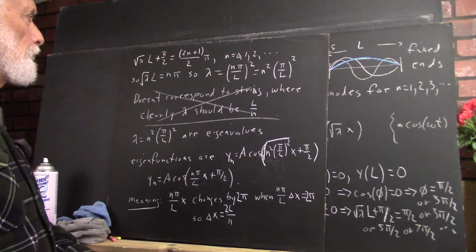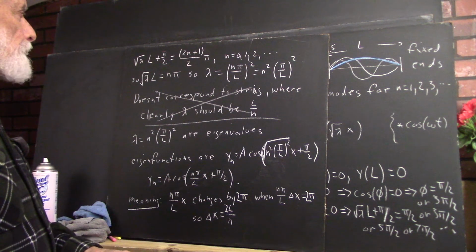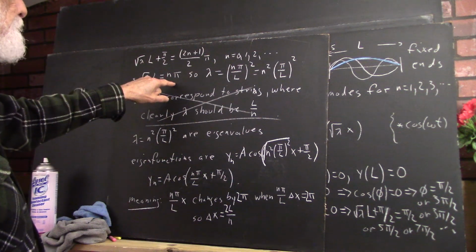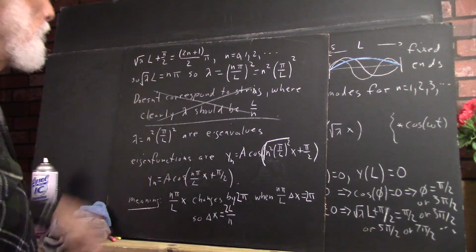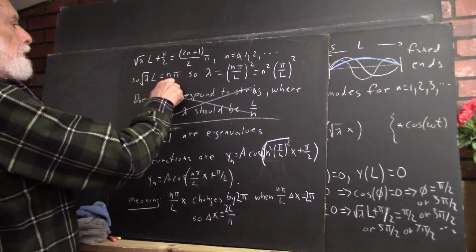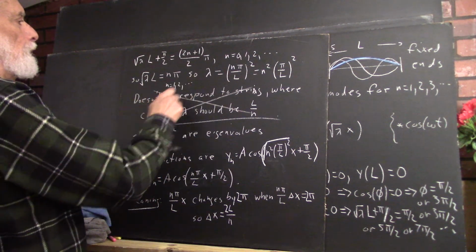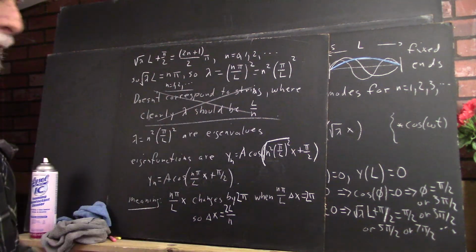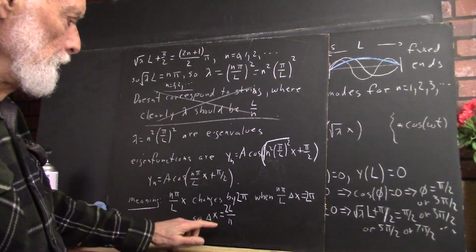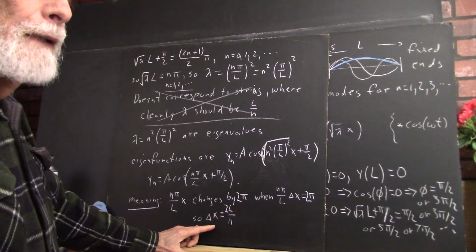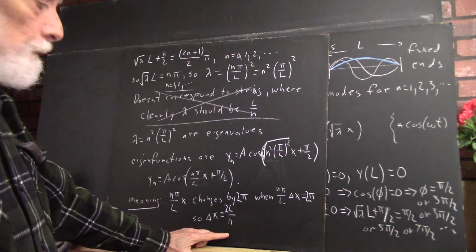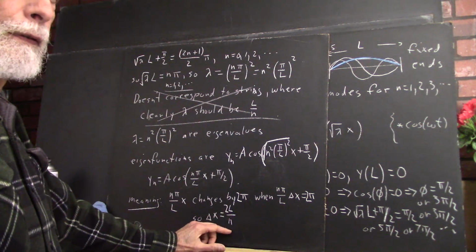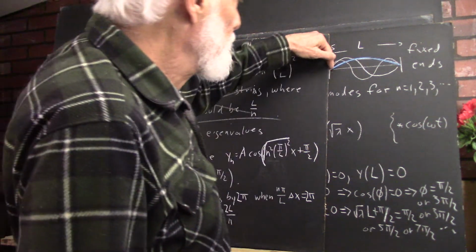Now I've got n equals 0, 1, 2 pi. Okay, this would be equal to n pi. I'm fudging a little bit. N equals 1, 2, and so forth. You can resolve that little discrepancy. It's not too hard. You want to think about it though. Okay, so if n was 2, then your delta x would be just 2L over 2, which is L. Well, that corresponds to this mode.